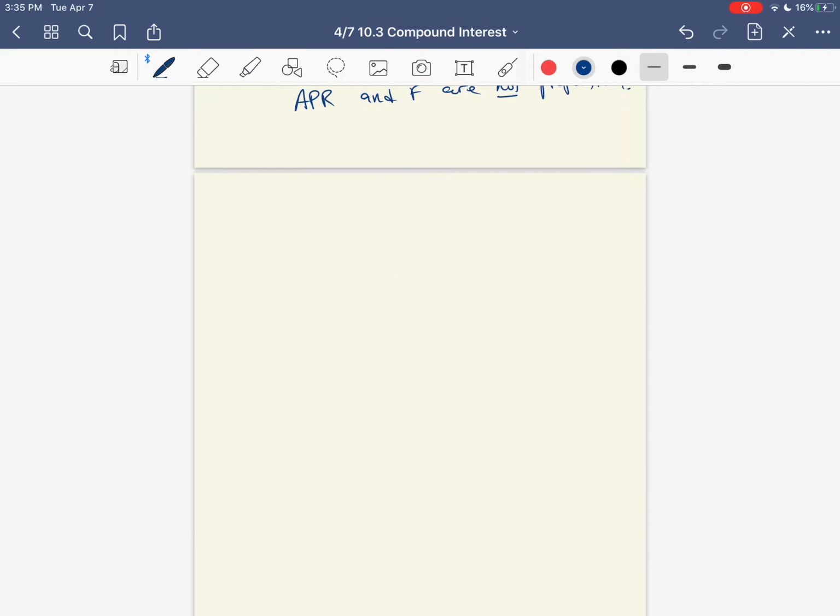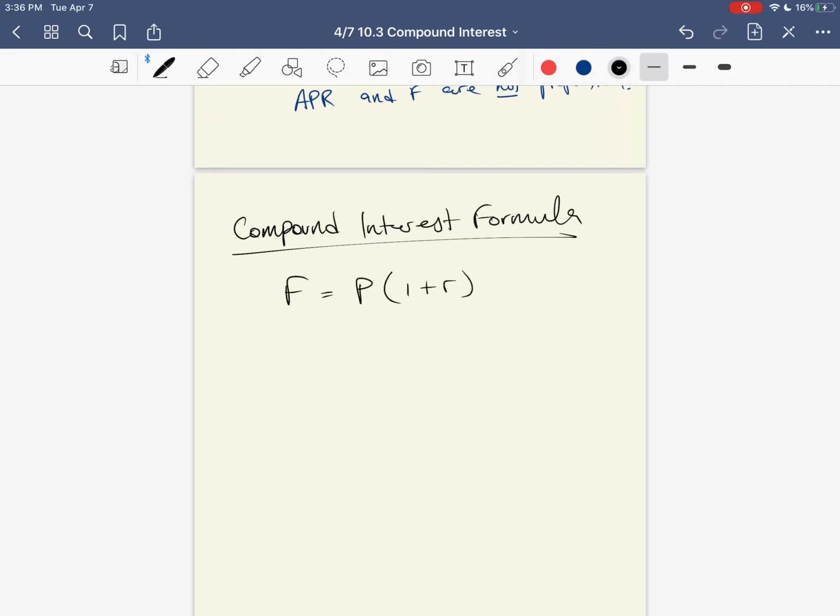So now our compound interest formula: F is equal to P times 1 plus R to the T, where R is the APR in decimal form and T is the number of years.